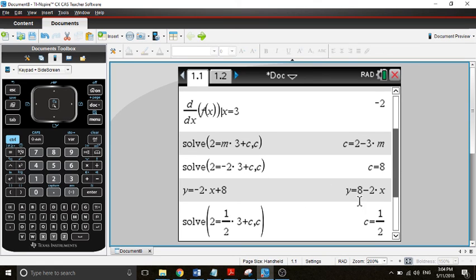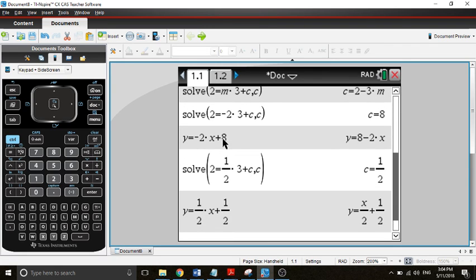That gives us a value for c. We put that back into y equals mx plus c. If it asks us to find the normal, we take the negative reciprocal of our gradient, so we've got negative 2, so it's got to be a half. We substitute that back into y equals mx plus c, solve for c, and we get our equation. And just to be sure, we graph it as well.